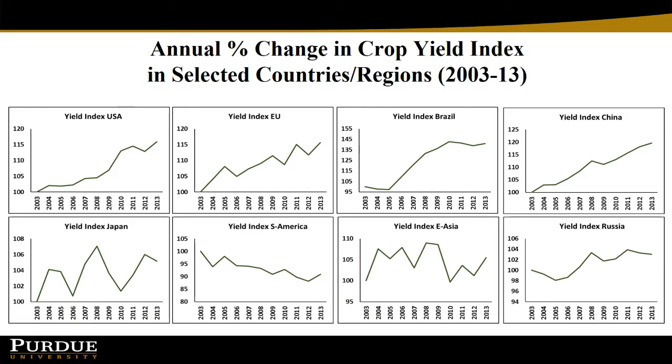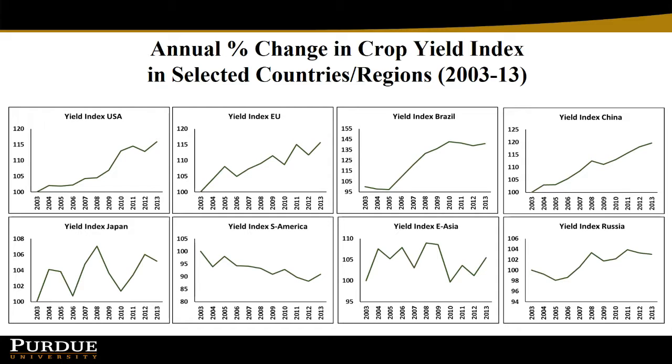First of all, look at the growth, the expansion in yield in different countries or regions here. I have 8 selected regions or countries. In the top countries, you see yield is growing really significantly. For example, that's an index for yield, and you see that it's increasing from 95 to 120.